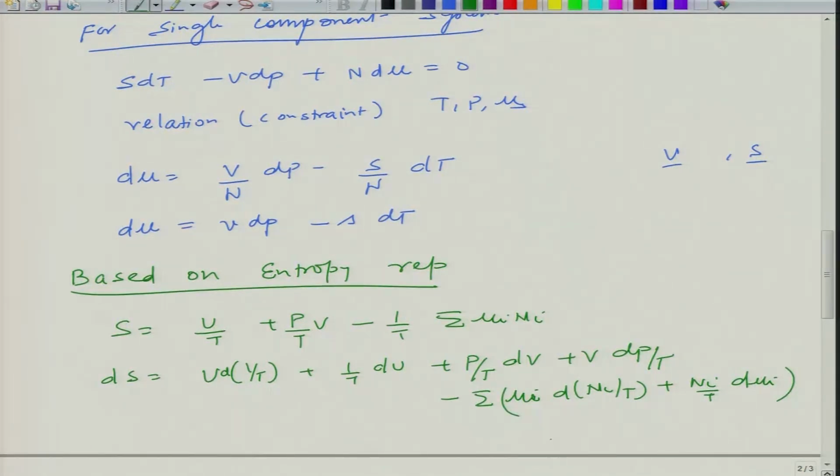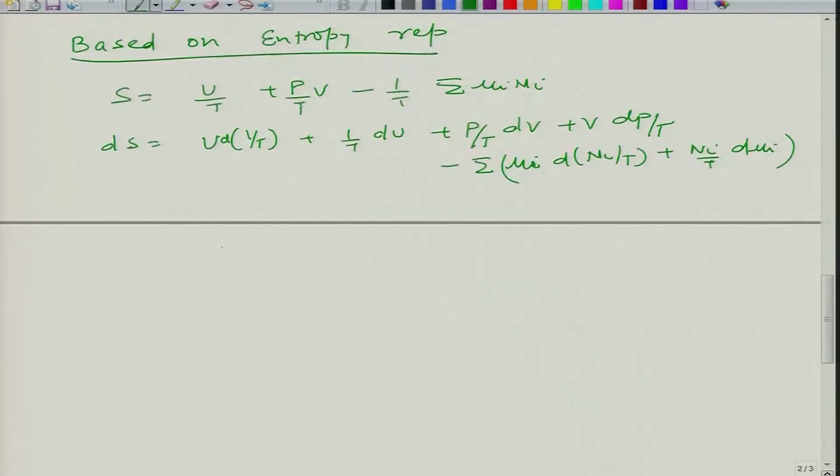So, this is the expression if you take the entropy basis.